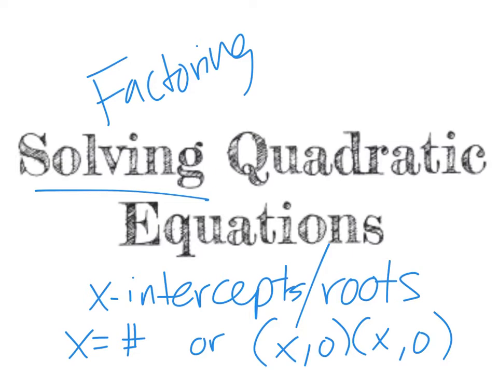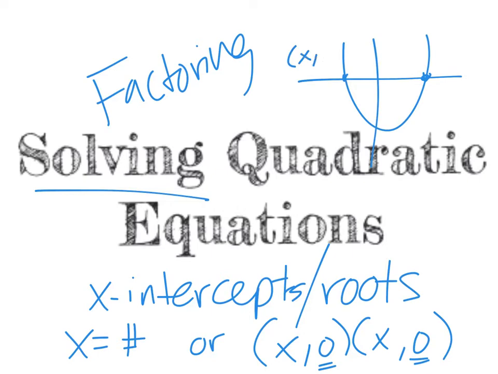The reason we put 0 here is that whenever we're graphing a quadratic, no matter where it lands, the y value associated with an x-intercept will always be 0. That's going to be very useful in doing this very last step and finding the solution of a quadratic equation.